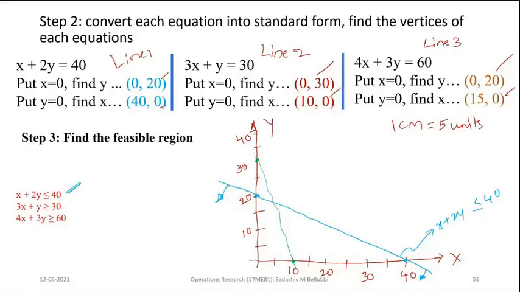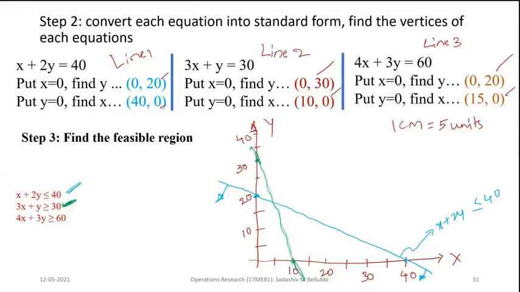Any doubts, you can ask me. It should be a straight line, but here I cannot draw it perfectly on the screen. They have given that 3x plus y is greater than or equal to 30.